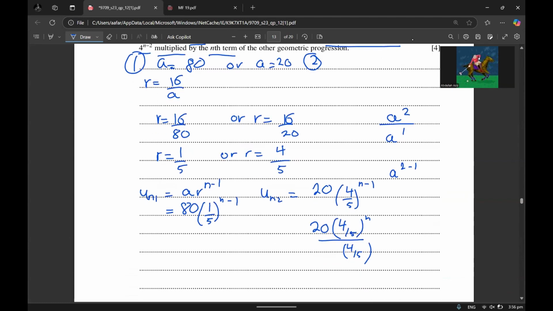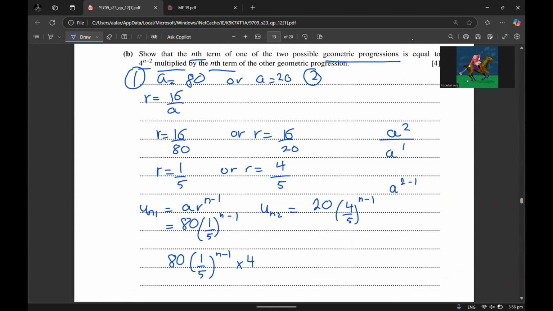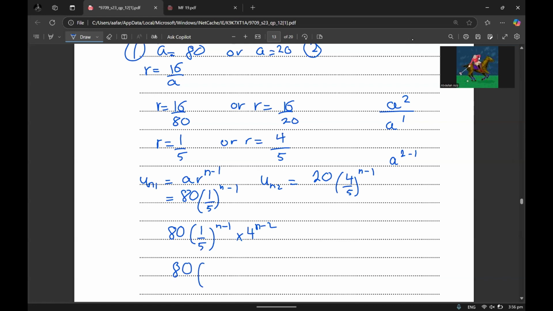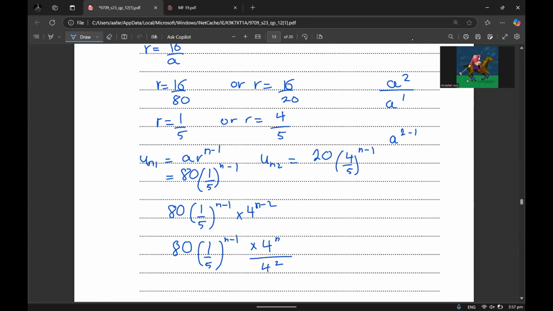So if we multiply this term with 4n minus 2, this means that it's basically 4 over 4 square power n.